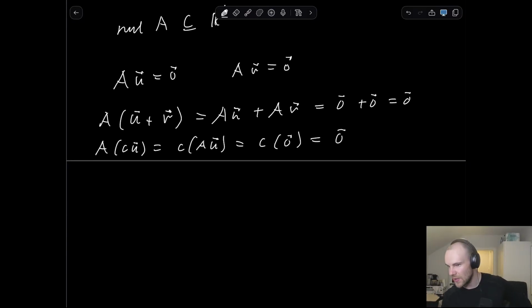So indeed, the null space is a subset of R^n. That also means equivalently that the set of all solutions to the system Ax equals 0 is also a subspace of R^n, right? It is just the same thing.